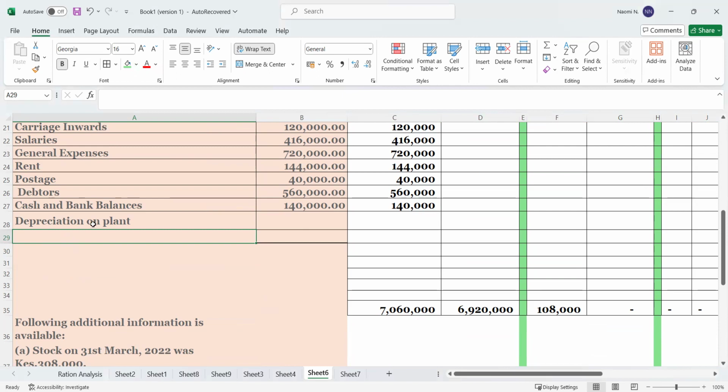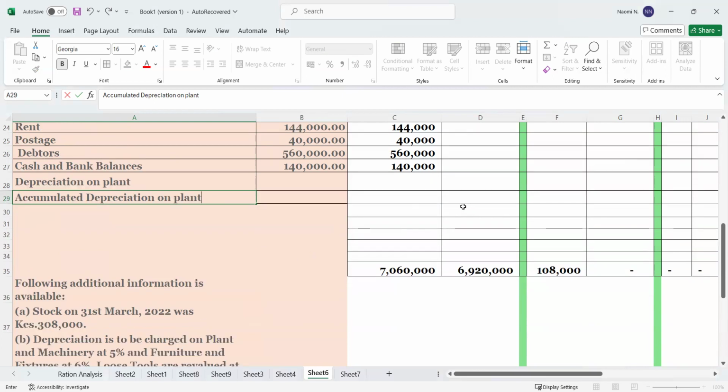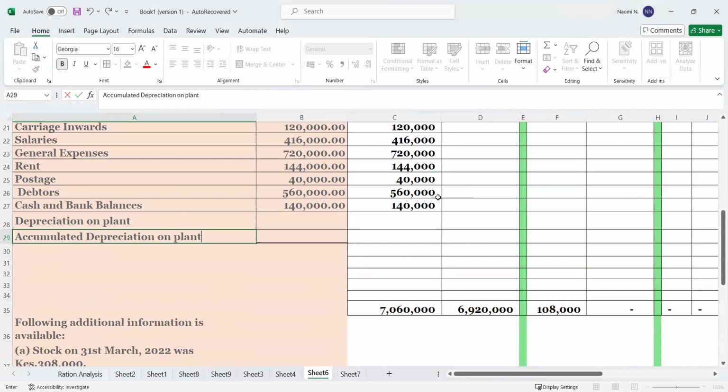You'll have to calculate an adjustment for the depreciation and also an adjustment for accumulated depreciation. Depreciation on plant. Remember that depreciation is an expense, so it will have a debit entry.